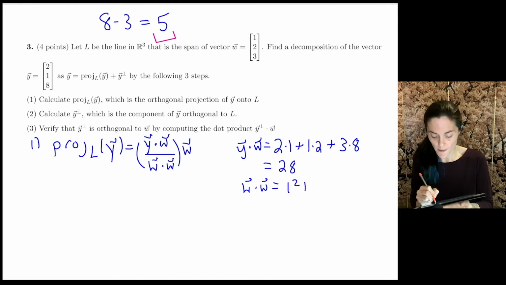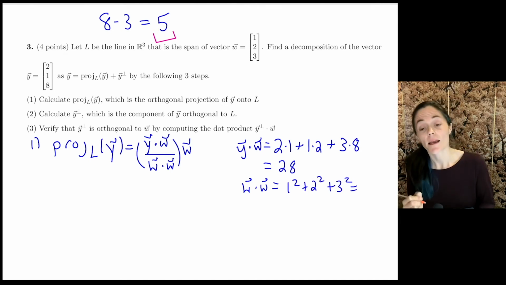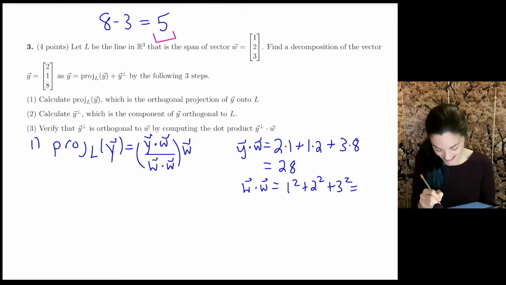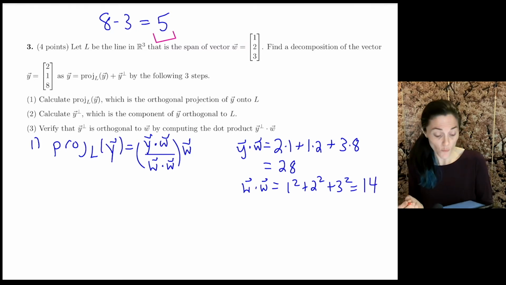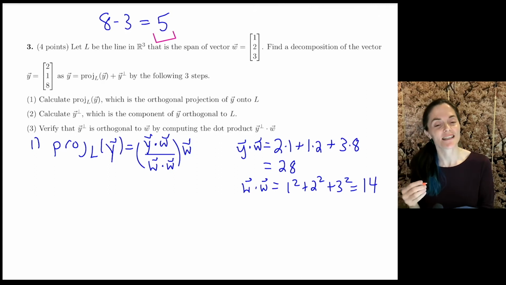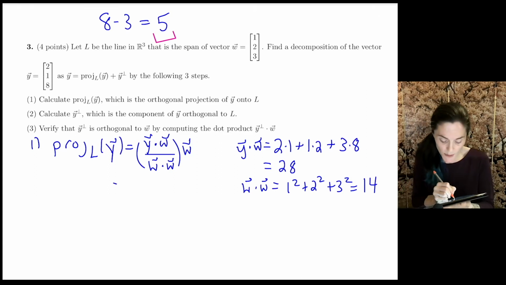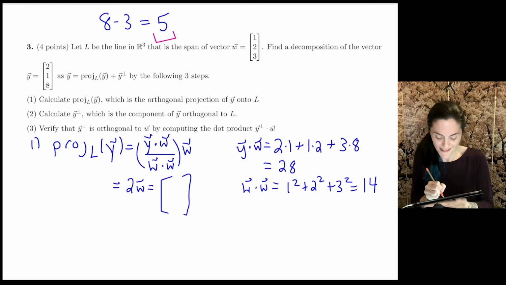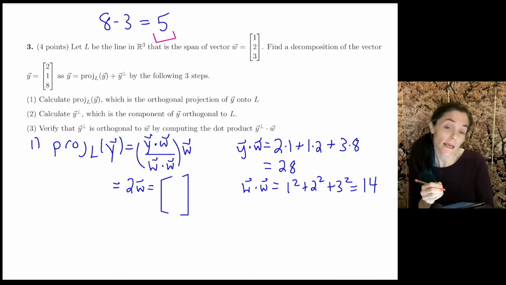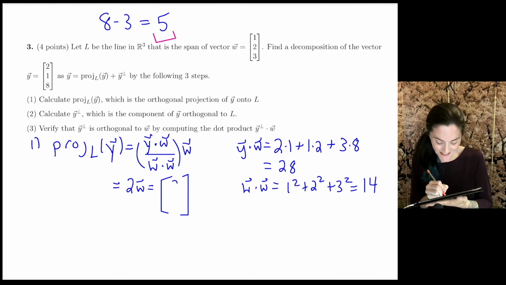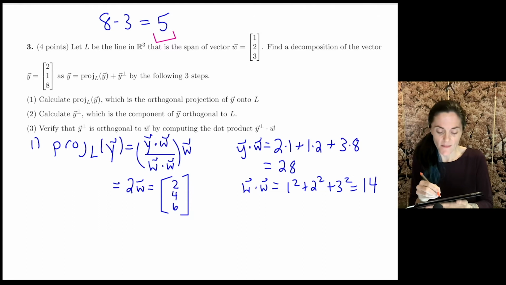We have 1 squared plus 2 squared plus 3 squared. This is 9 plus 4 plus 1. This is 14. So the ratio, you see 28 over 14 is 2. So this projection is just 2W, which I can write. If we take 2 times vector W, we get 2, 4, 6. This is the first part.